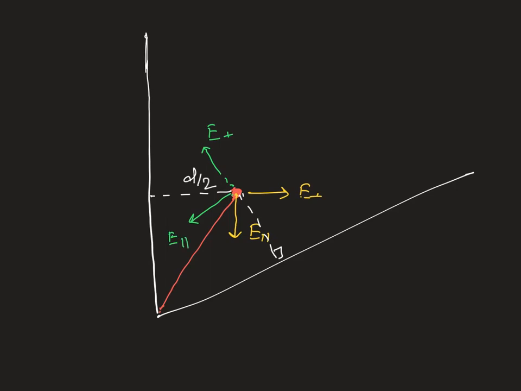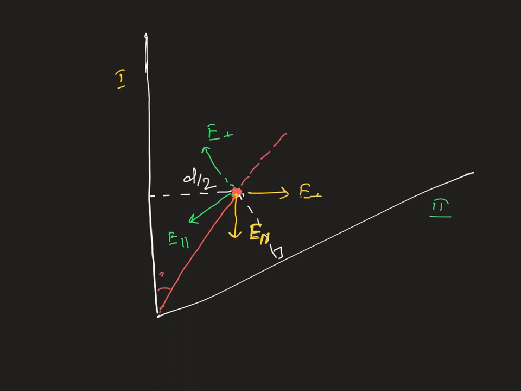To make things a bit clear here, I have tried to color code this. The yellow color fields are due to the wire 1 and the green color fields are due to the wire 2. The color coding would make it a bit easier to understand. So let's start working on this.